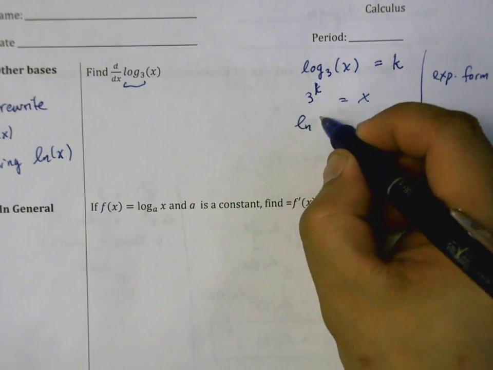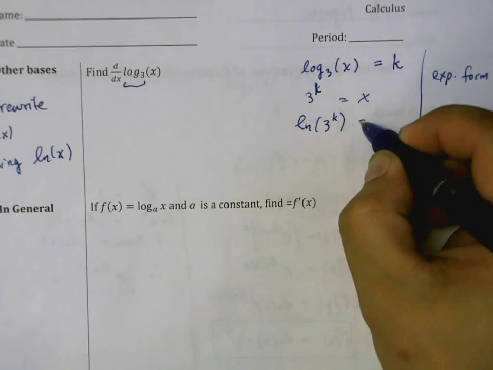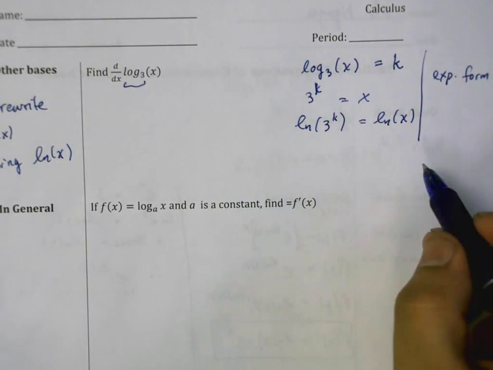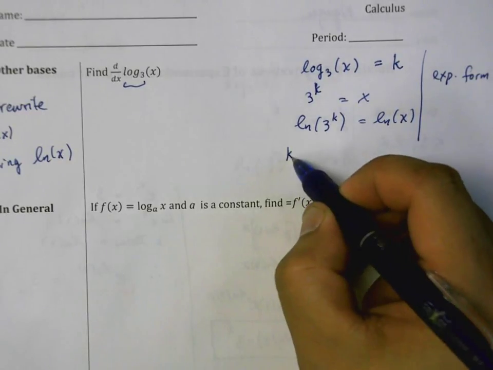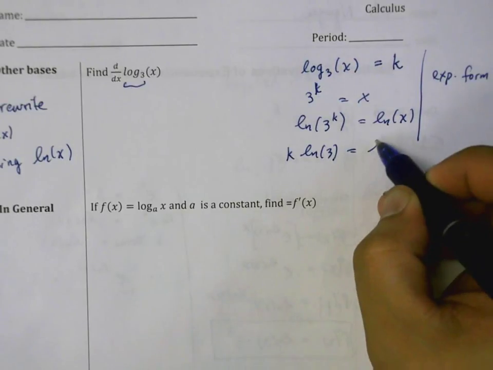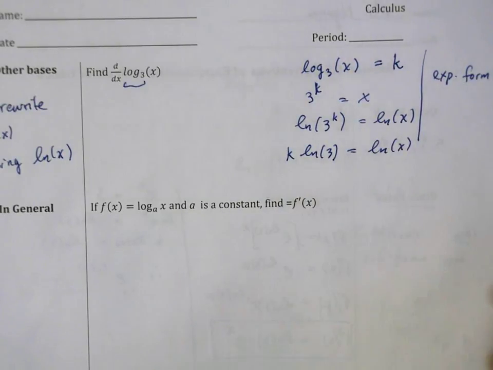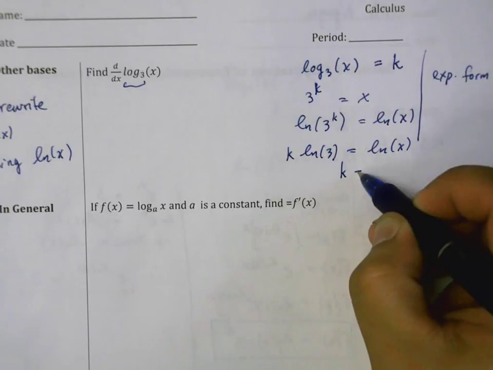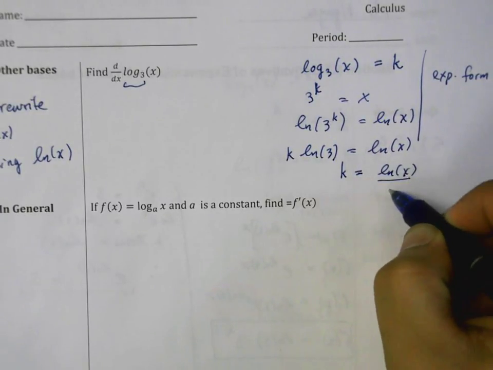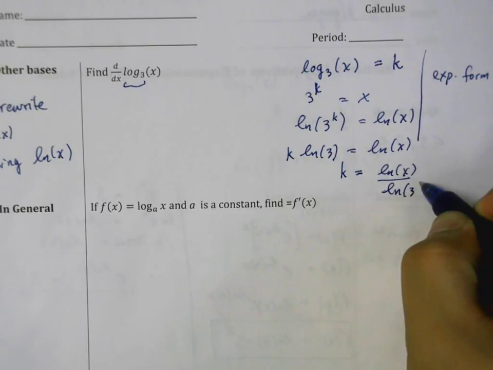Then take the natural log of both sides. And applying the power rule of logs, we get that k natural log of 3 is equal to natural log of x. Solving for k, we get k is equal to natural log of x over natural log of 3.